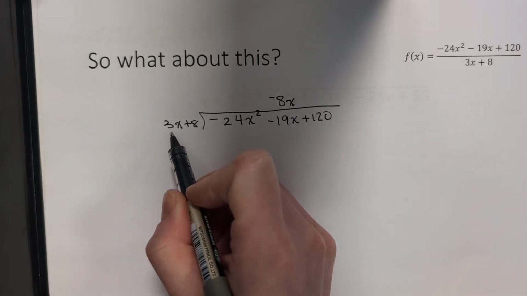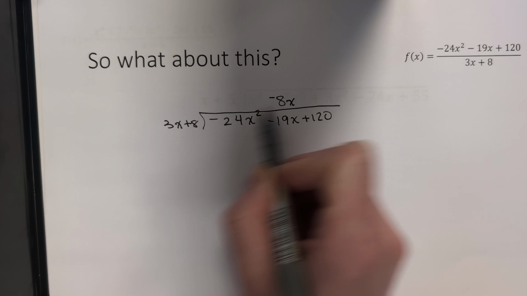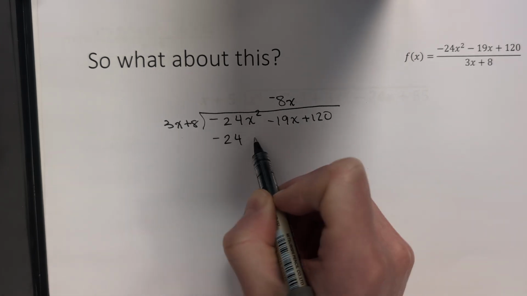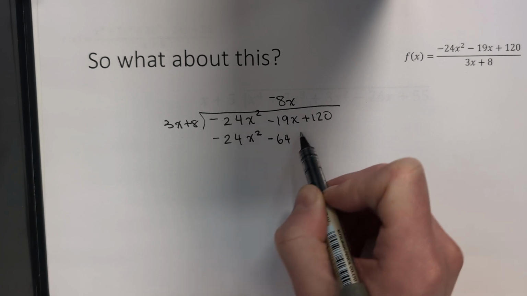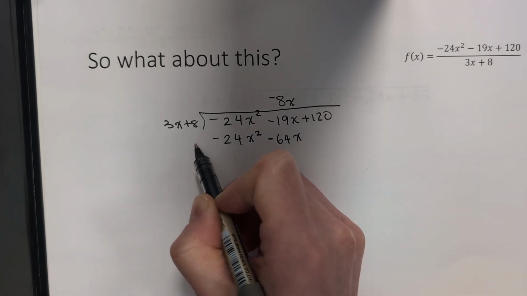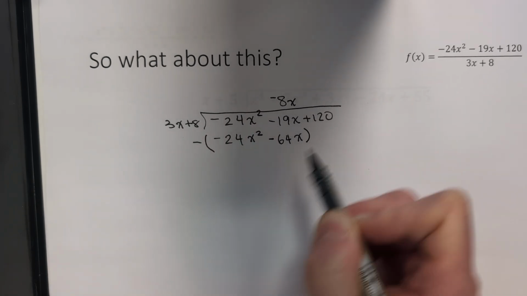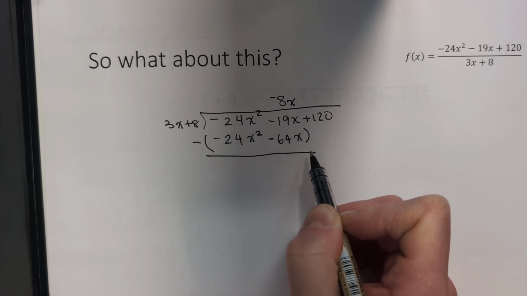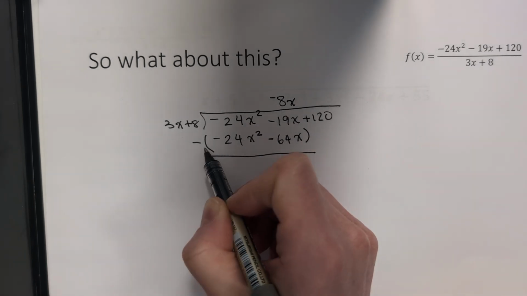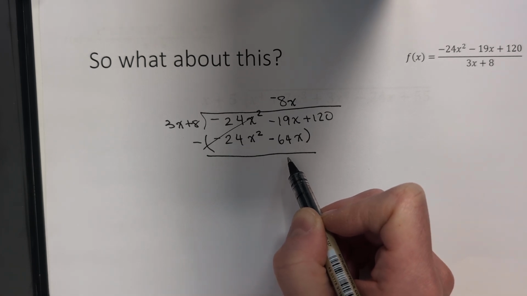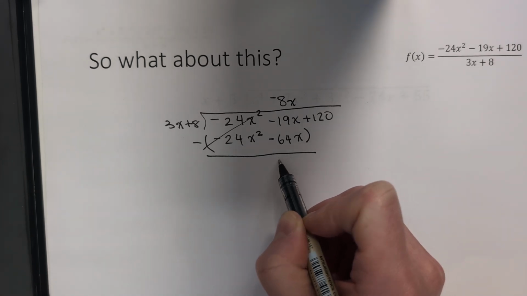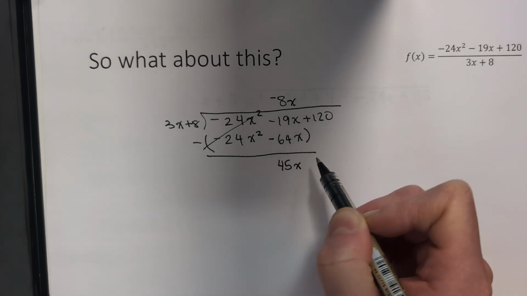Negative 8x times 3x plus 8 is negative 24x squared minus 64x. And then we want to subtract this whole thing. So a similar process to what we were doing before. These cancel out. And we have negative 19x plus 64, so positive 45x.